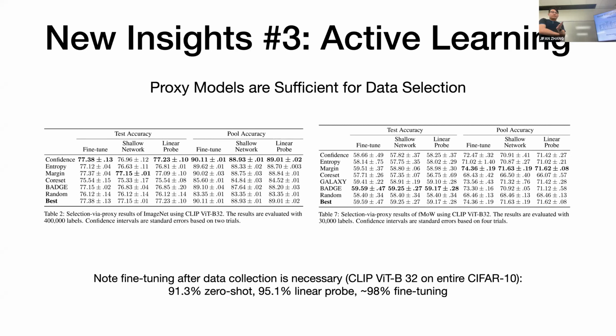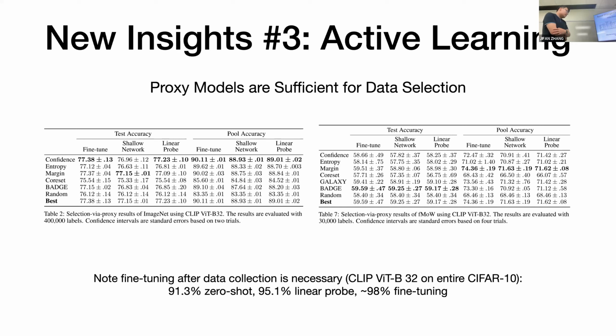So remember, fine-tuning a model will always give you better accuracy than using a linear probe. But having a linear probe is actually sufficient for quantifying uncertainty or quantifying diversity of your collected data. It's actually good enough for data selection.